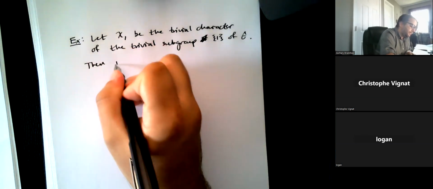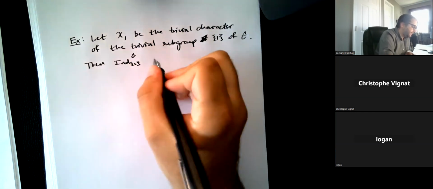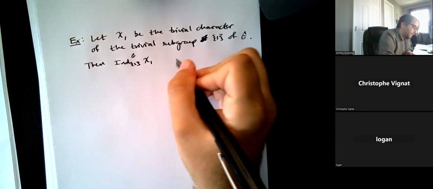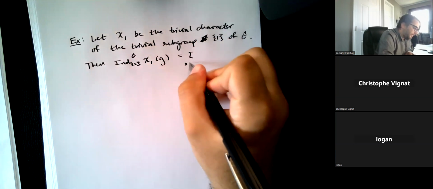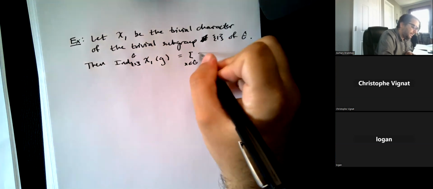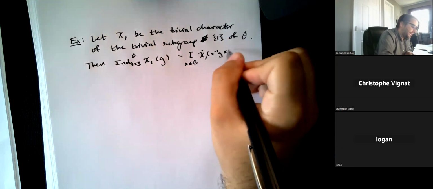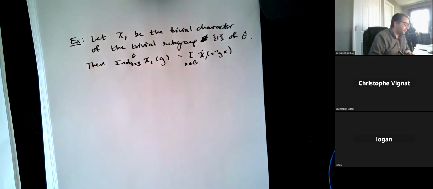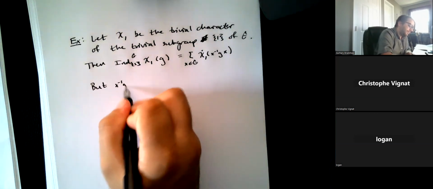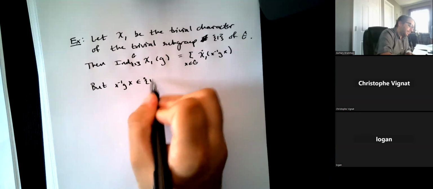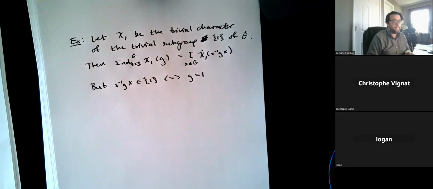So then the induced map from the trivial subgroup to G of chi1 applied to g is the sum over x in G of chi1 dot (x inverse g x). But x inverse g x is in the trivial subgroup if and only if g is equal to 1.